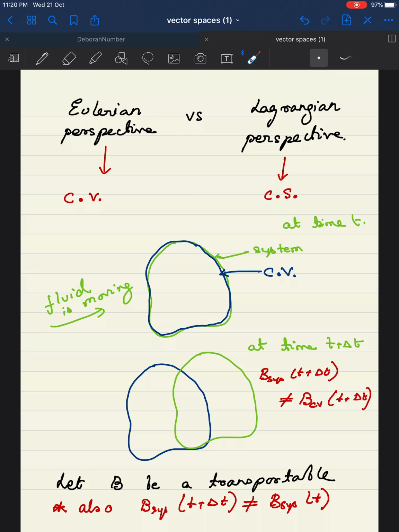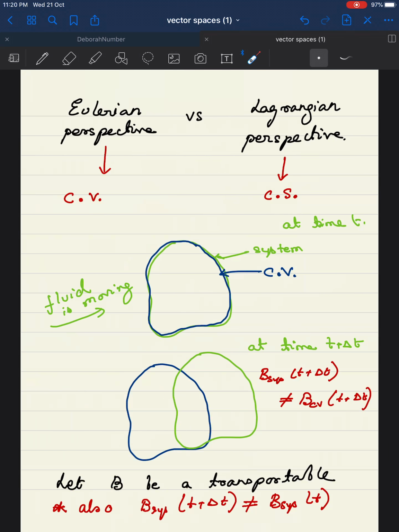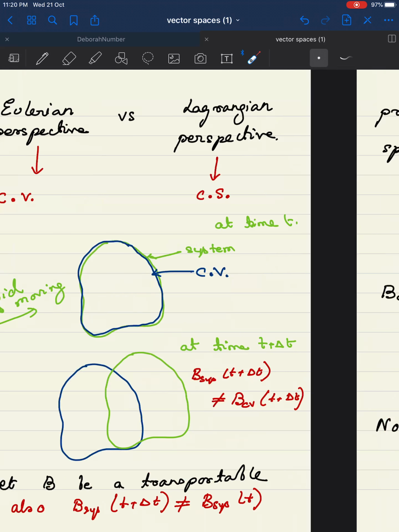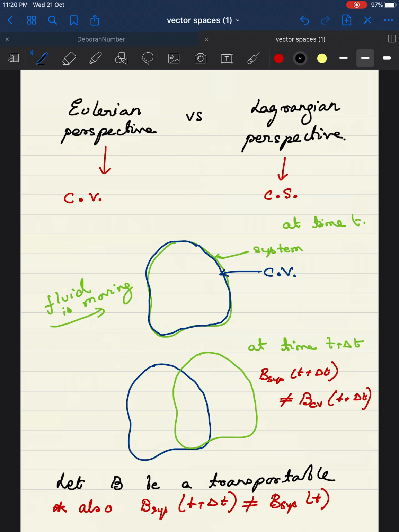So our problem now is that this is not true. Of course we want to calculate B CV at t plus delta t. We know that it is not equal to B system at t plus delta t. That is because they have moved out. But what has really happened?